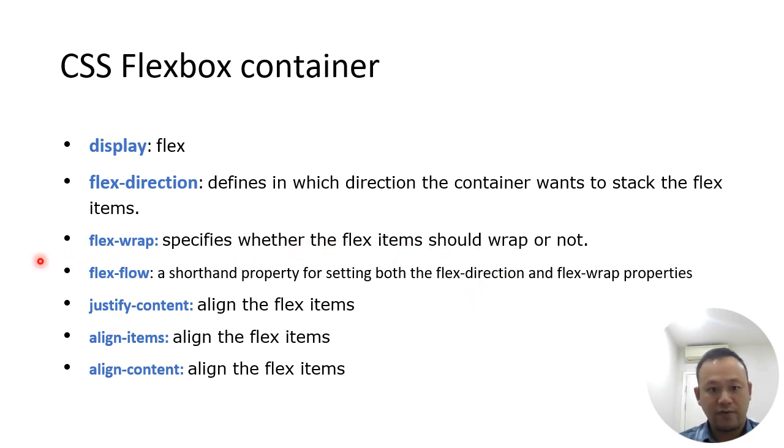Flex-flow is a shorthand property for setting both the flex-direction and flex-wrap properties. Justify-content is used to align the flex items, and align-items is used to align the flex items as well.